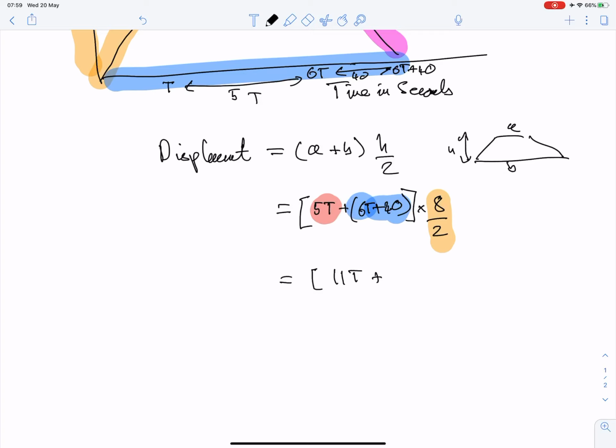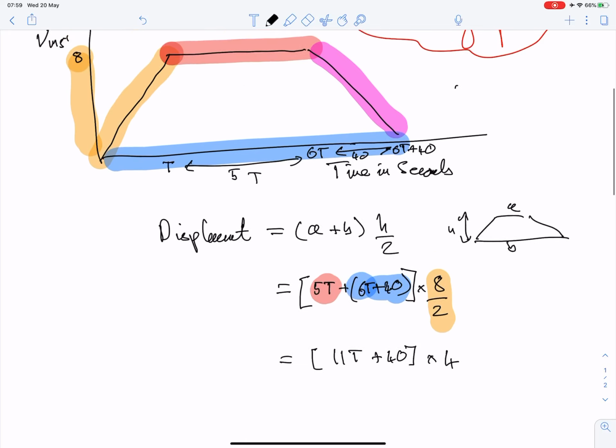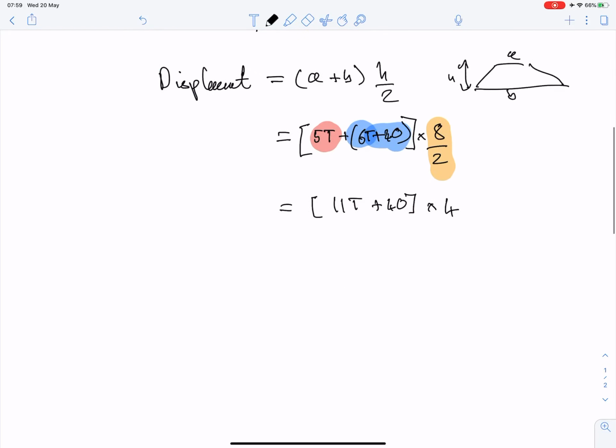11t plus 40, times 4, is equal to, well, what were we told in the question? The displacement is 600 metres. So it's up to you. We could expand or divide by 4, whichever you prefer.